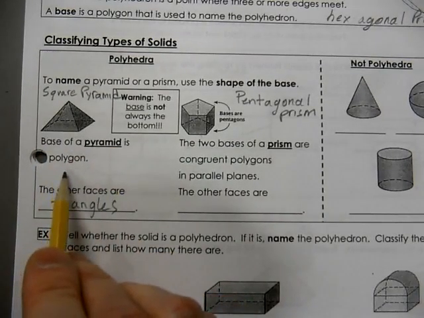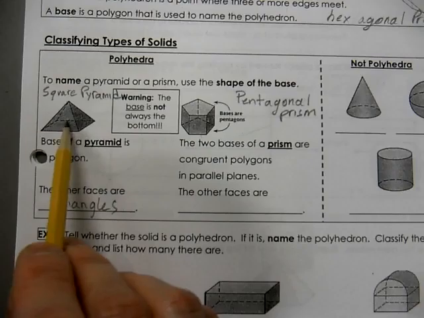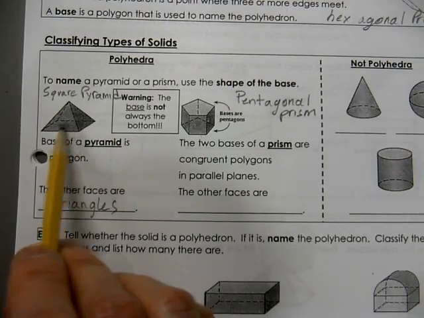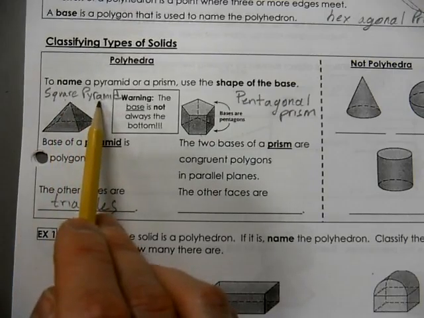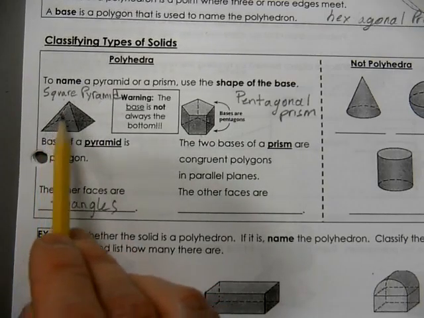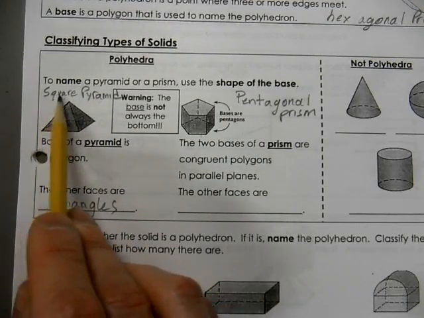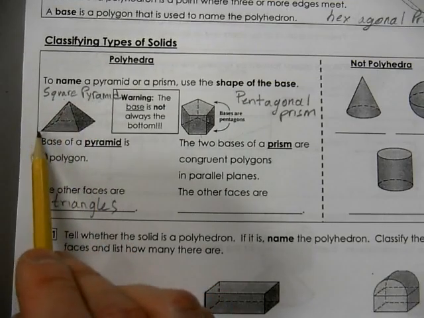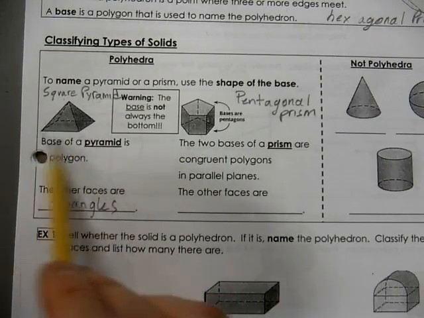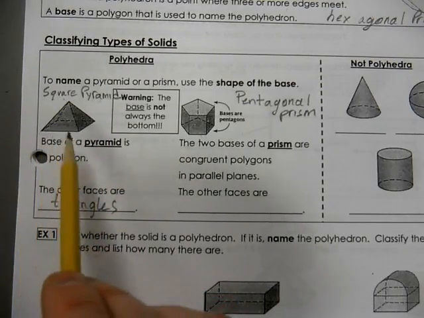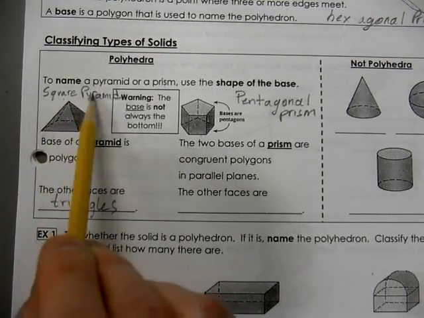The base of the polygon in this case is a square, so we named it a square pyramid. If it was a rectangle, then we'll call it a rectangular pyramid. A pentagonal pyramid. Whatever the shape of the base is, is the name of the pyramid.